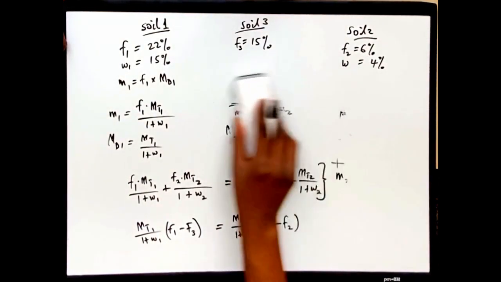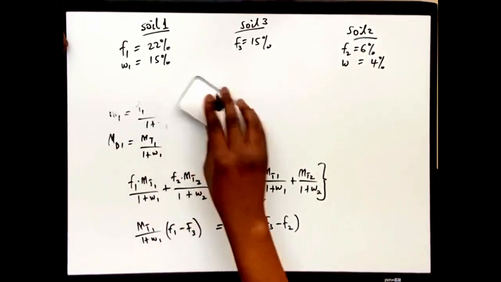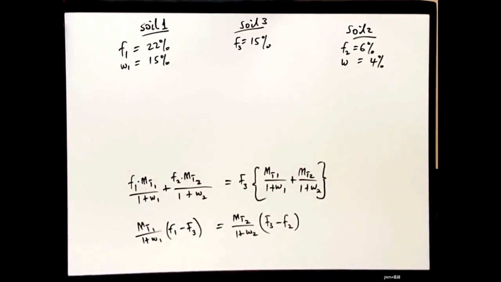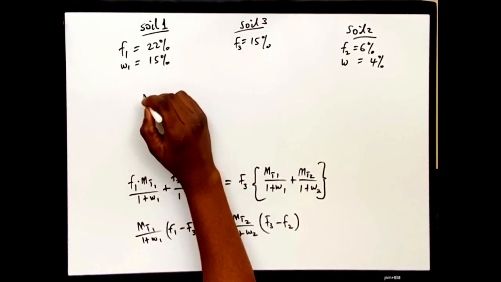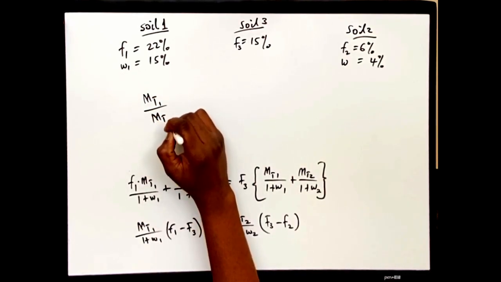I'll keep the numbers so when we are done we can test the formula out a little bit. Okay, so I'm gonna come back and continue here. So we want the ratio of MT1 over MT2.